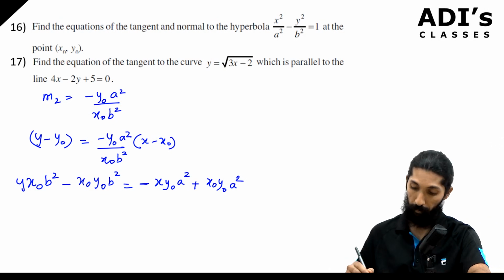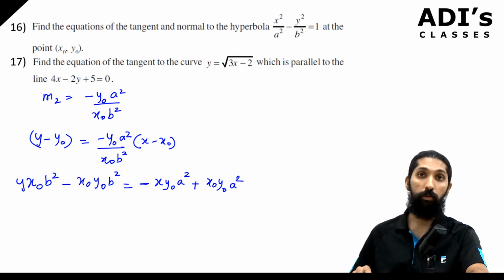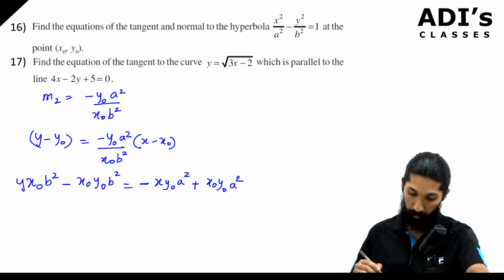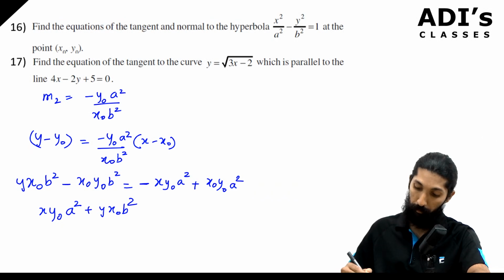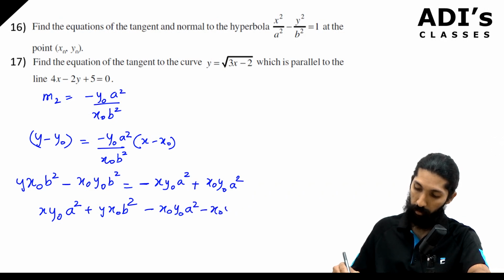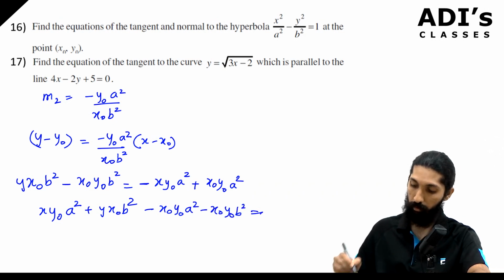Yeah. So take everything to LHS. So you can have x into y naught a square plus y into x naught b square, first part, minus x naught y naught a square minus x naught y naught b square is equal to 0.